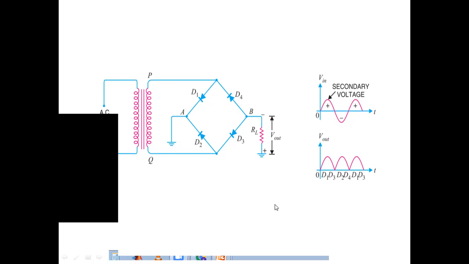We apply the AC supply at the primary of the transformer and get the secondary voltage at the secondary winding, which is applied to the bridge form. Like a rhombus, the 4 diodes are connected.